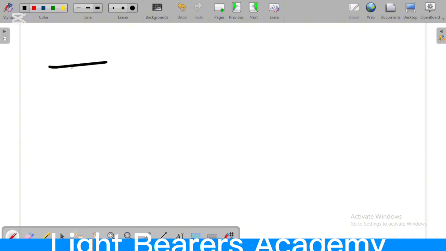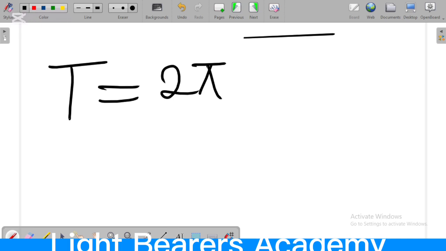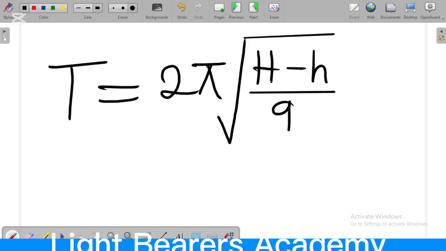In the formula, we are told that T is equal to 2 pi square root of capital letter H minus small letter h all over g. And we are asked to find h. So how do we get h? Our first task here is to eliminate this square root.